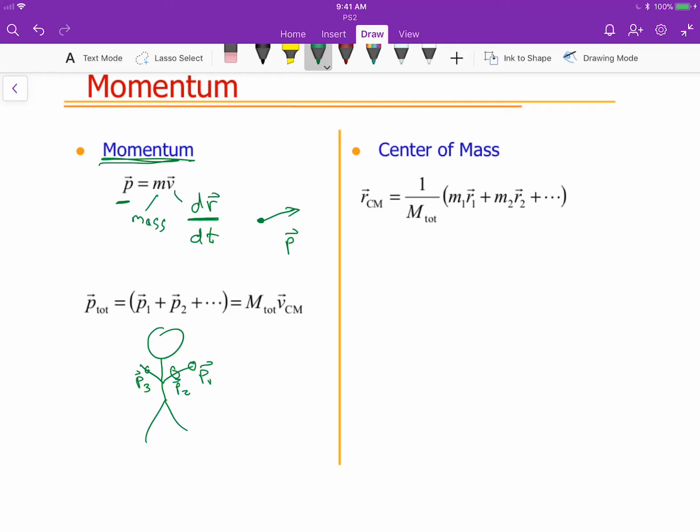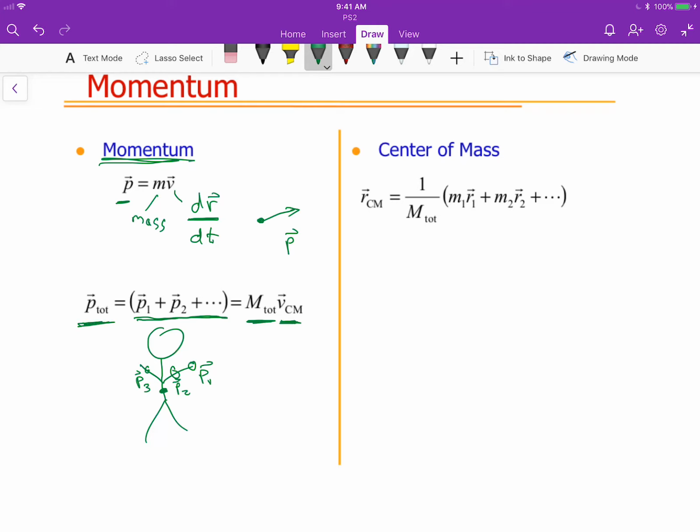And what we figured out is that if you add up the momentum of all the different atoms in the person, all of those added together is equal to the total mass of the person times the velocity of their center of mass. So you just find their center of mass and figure out how the position of the center of mass is changing with respect to time, and that'll give you the total momentum.